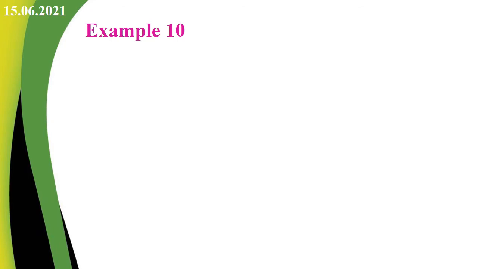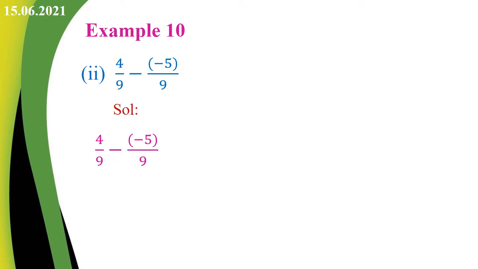Let's see example 10. Second question, 4 by 9 minus 5 by 9. This is subtraction. The first step, check the denominators. Same denominators. Then we just subtract the numerators over the denominator.